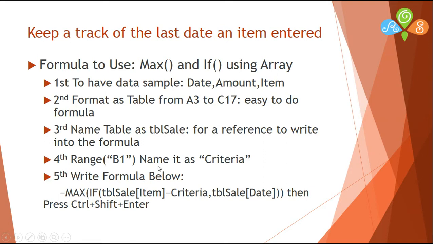This criteria is the item that you want to search, the item you want to keep track of. So you can key in range B1, and this name should be criteria, easy to write in the formula.